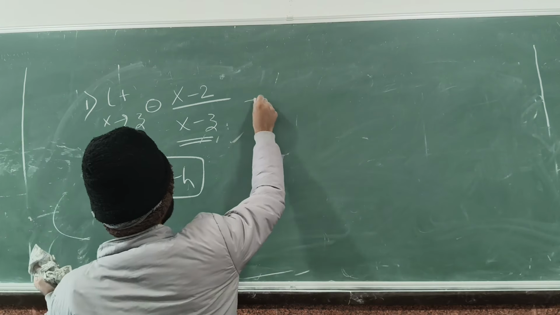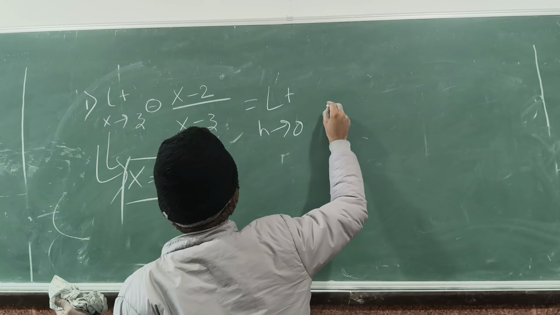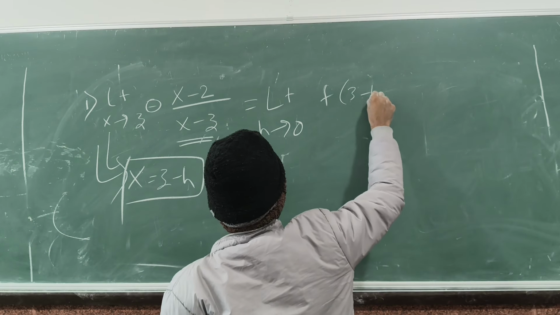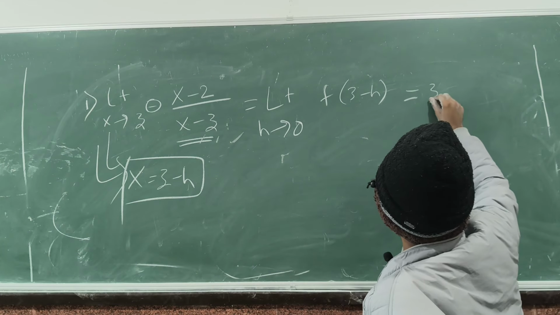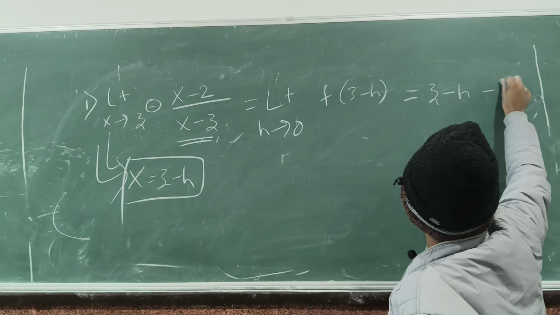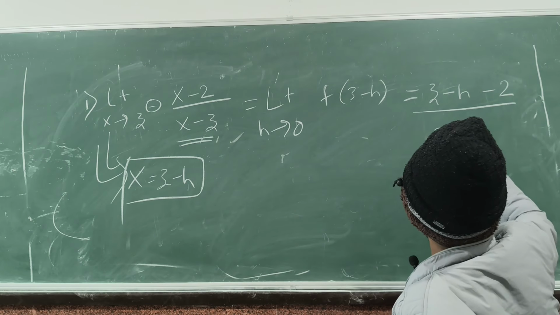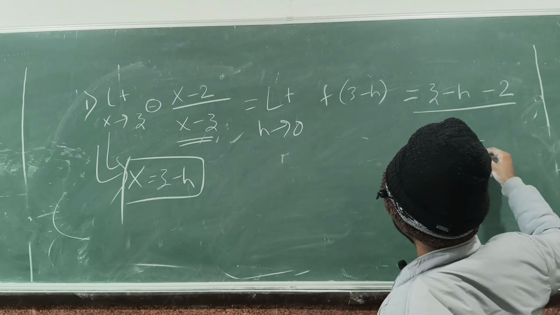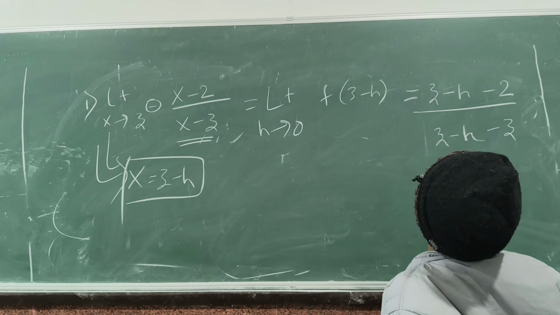And this we can write as limit h tending to 0 of f of 3 minus h, equals 3 minus h minus 2 by 3 minus h minus 3.